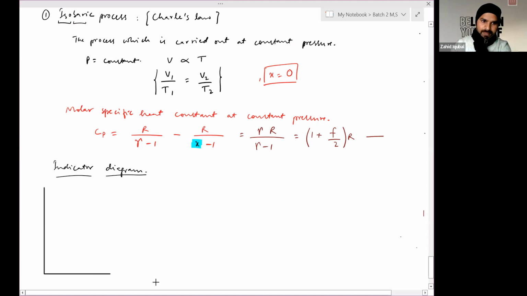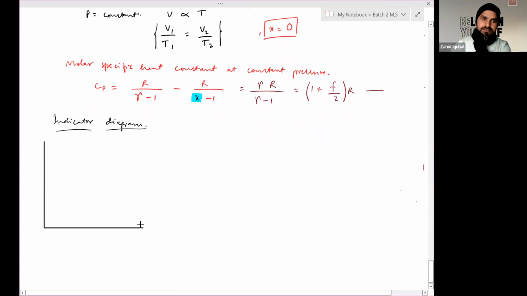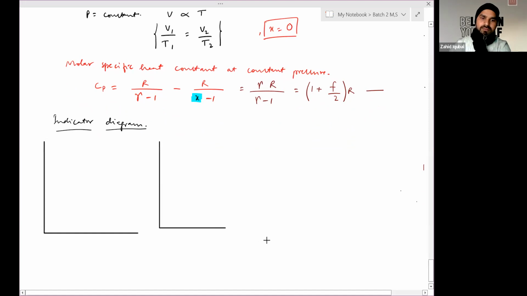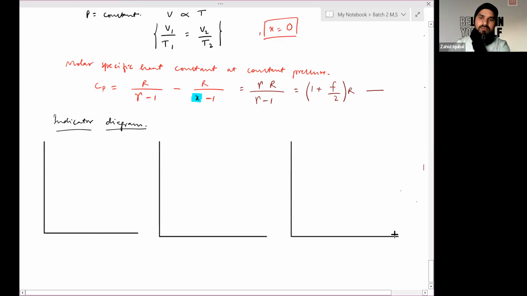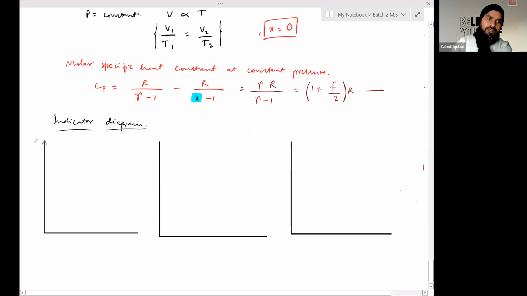First is pressure versus volume, then pressure versus temperature, and volume versus temperature.